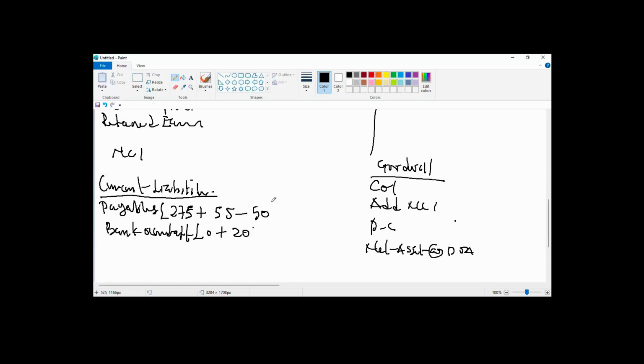It is the group policy to value non-controlling interest at fair value. The market price per share of non-controlling interest shareholders just before the acquisition was 1.5 naira. He has given market price per share. Don't forget, he has told me it is fair value. How do I know it is fair value?